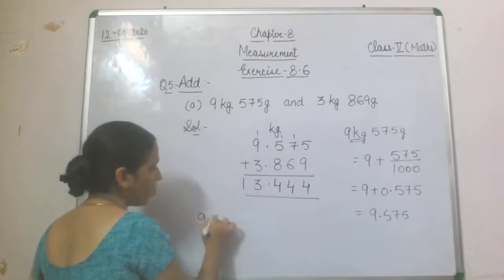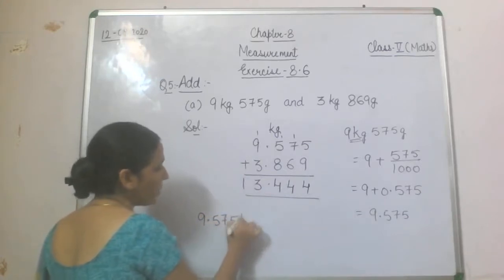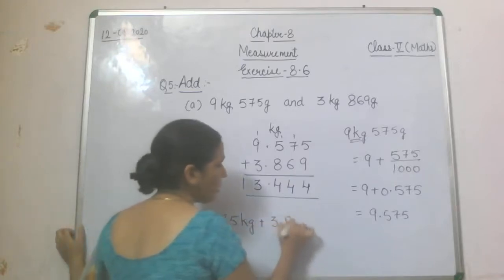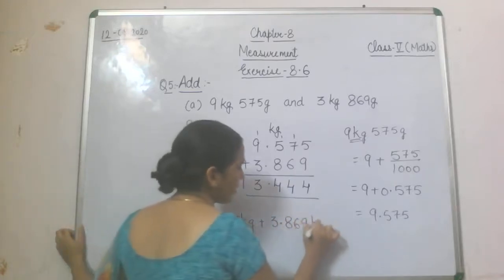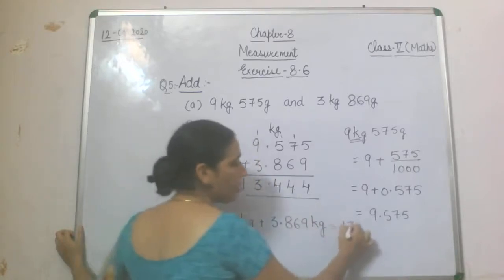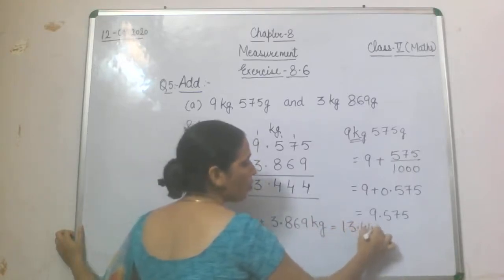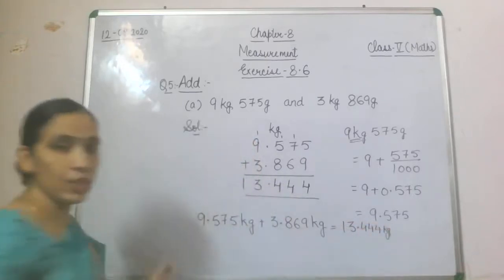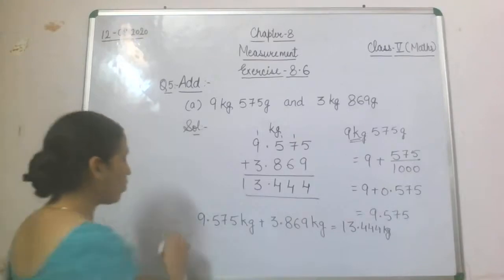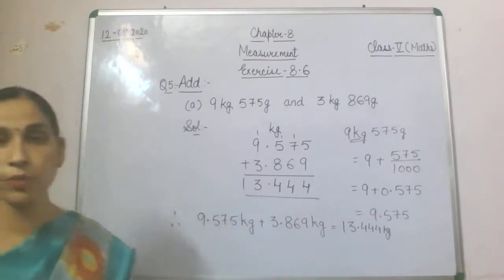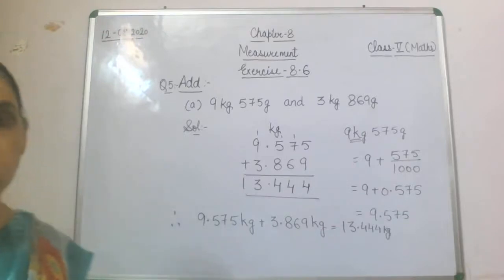The answer is 9.575 kg plus 3.869 kg, which is equal to 13.444 kg. So this addition we have done, and you will write this at the end of the question.